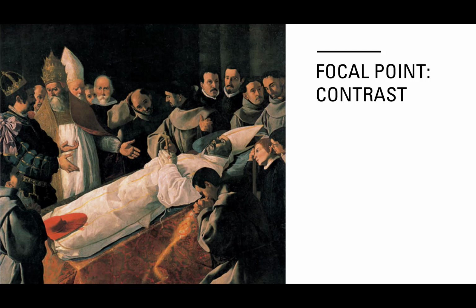Then we have contrast, right? This one is the value, right? Light and dark. So here we have the Pope there as the bishop, the Pope, I think for this one, this is the central point. He's light with all the white. Everything else you have is dark around here.